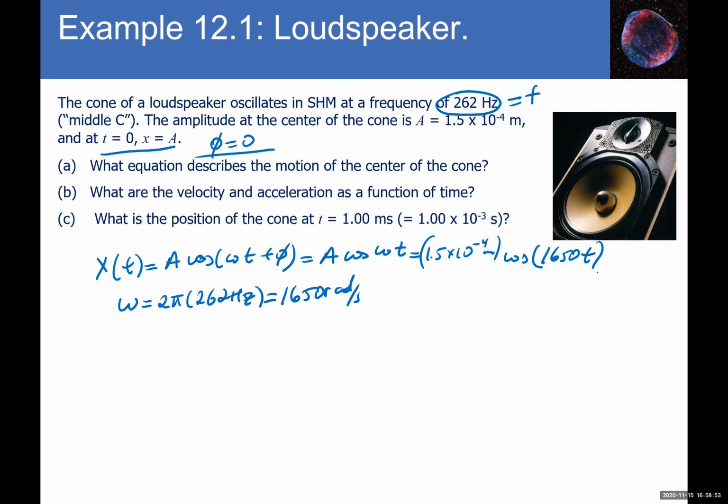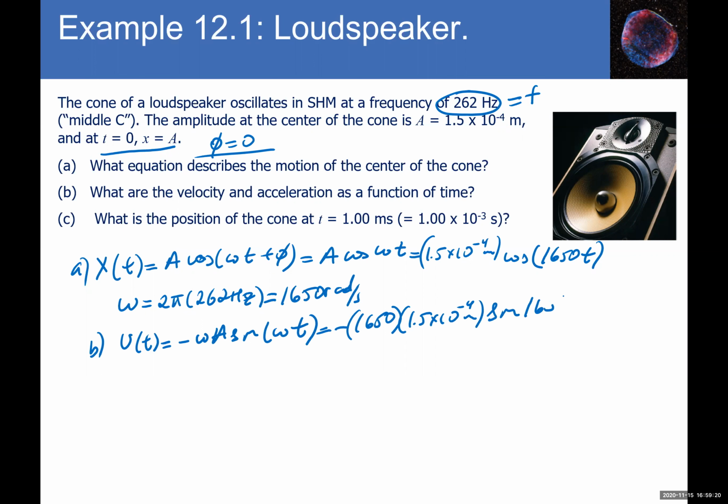All right, so part B says, what are the velocity and acceleration as a function of time? Well, that means I have to take the derivative, right? So v as a function of time is negative omega times A sine of omega t, because again, phi equals 0. So it becomes negative omega, which is 1650, times 1.5 times 10 to the negative 4 meters, times sine of 1650 times t.